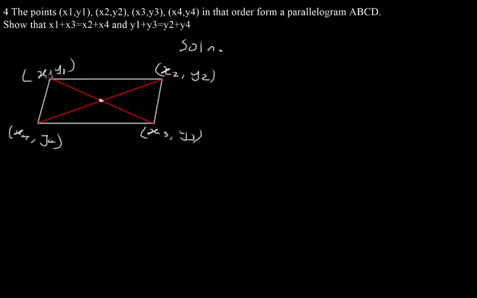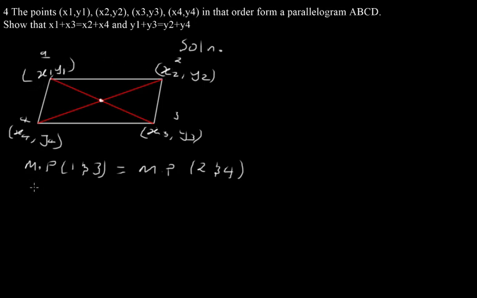So let's name the points point 1, point 2, point 3, and point 4. The midpoint between point 1 and point 3 equals the midpoint between point 2 and point 4. So how do you find the midpoint between 1 and 3?